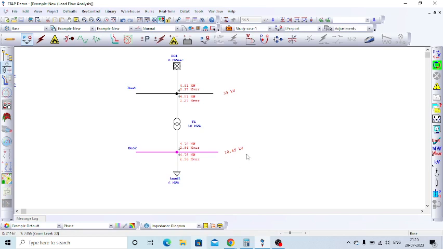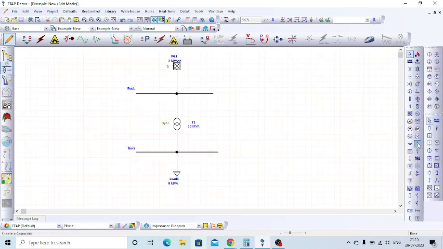Suppose I need to reduce the voltage further down, from 10.65 kV to 10 kV, what do I have to do? I have to consume the reactive power so that the voltage will get reduced. For that I have to use a reactor to consume the reactive power.